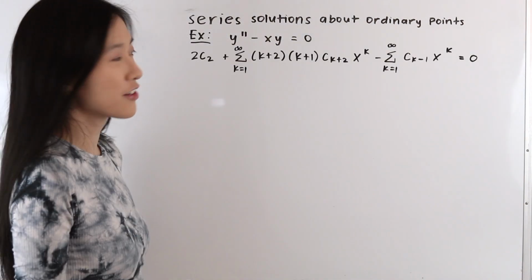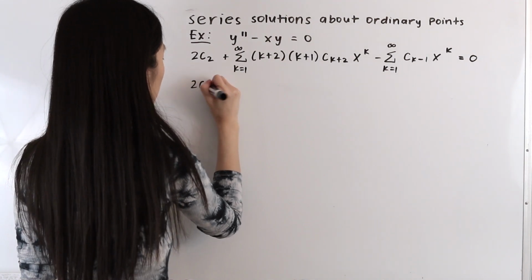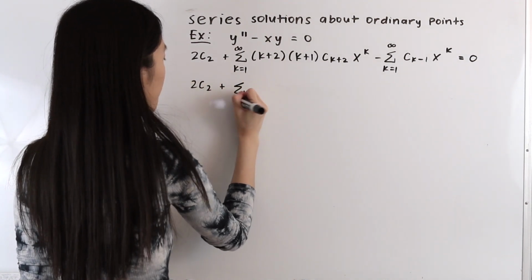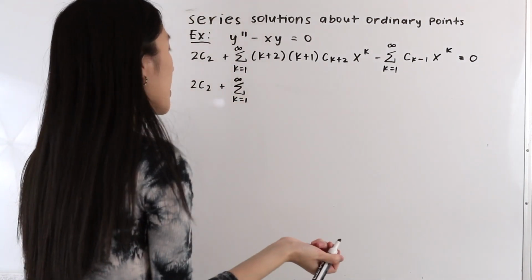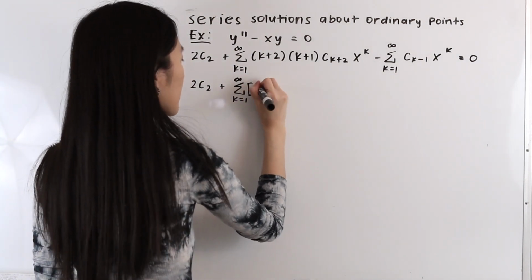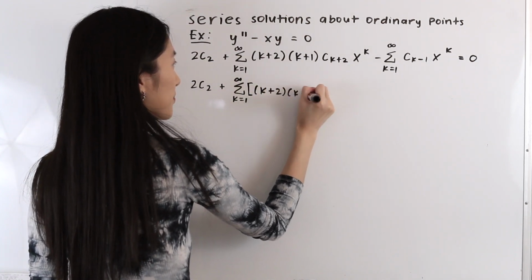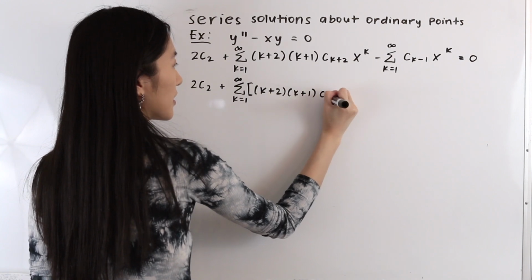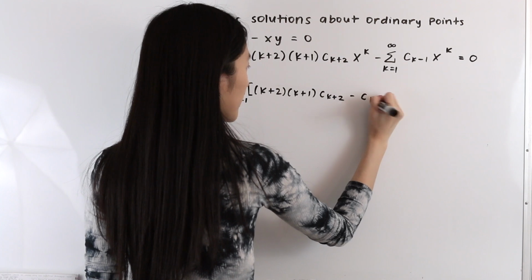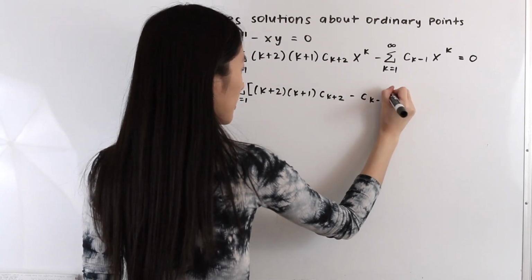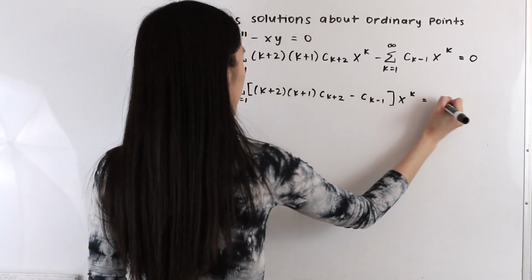So next, let's go ahead and factor out our x to the k. So we have 2c2 plus the summation from k equals 1 to infinity of k plus 2 times k plus 1 times ck plus 2 minus ck minus 1 x to the k, and this is equal to 0.